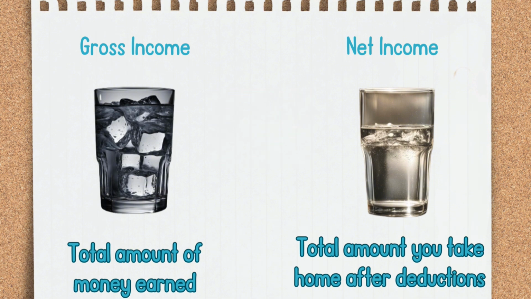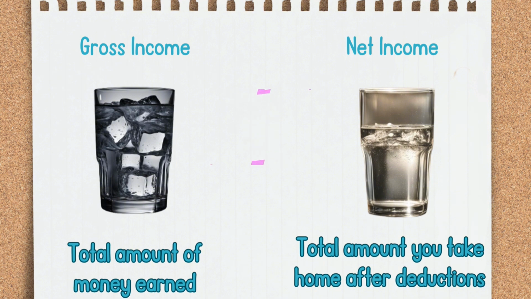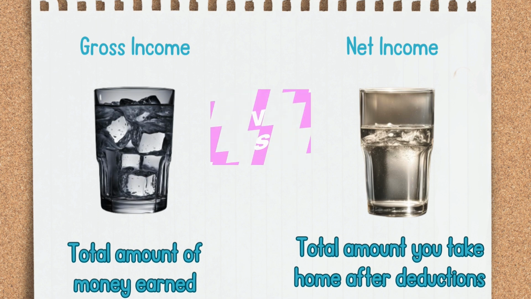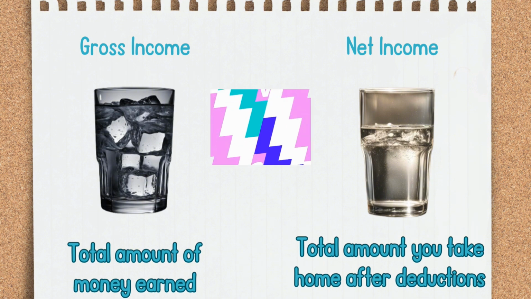Then if you take out that ice, the water that's left in that glass is your net income, or the total amount you take home after your deductions. So I think this is a nice little visual to think about, filled with water and ice, full gross income. Take out the ice. What you have left is that net income. So your net income is less than your gross income.